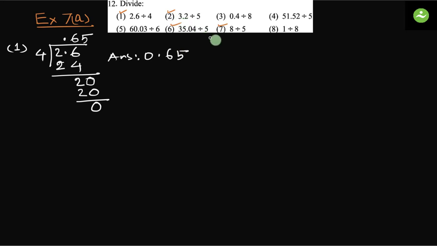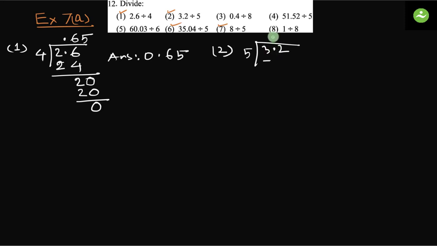The next one, number 2. Divide 3.2 by 5. First take one digit. Does it divide? No, it is smaller than 5. It doesn't divide. So take the next digit. But before you take the next digit, see here, this is a decimal point.